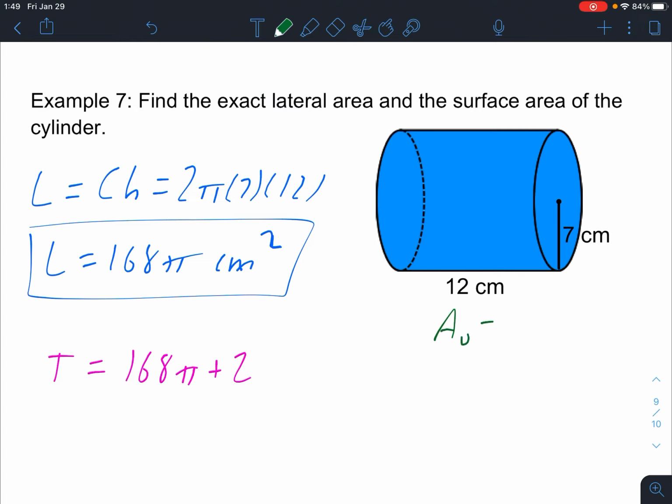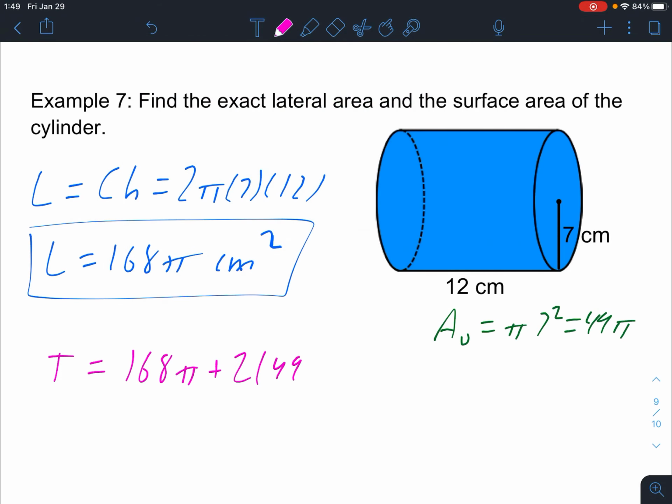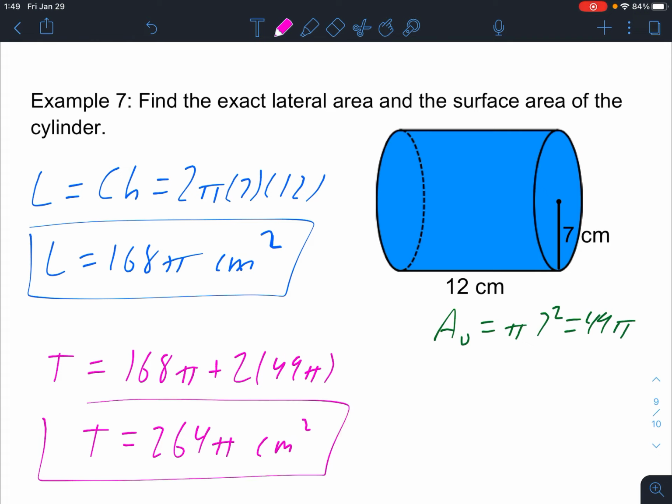So let's get the circle area. So the area of the circle here would be pi r squared, which is 49 pi. So 168 plus 2 times 49 will get you 264. So our total surface area is 264 pi square centimeters.